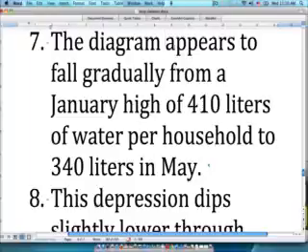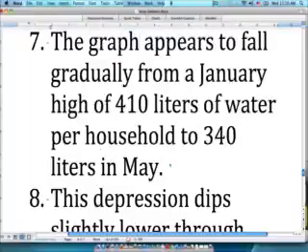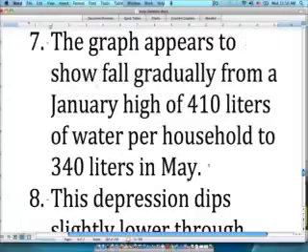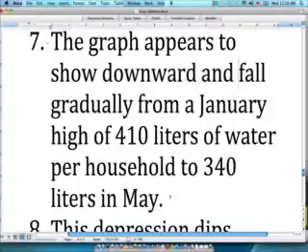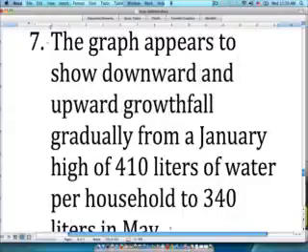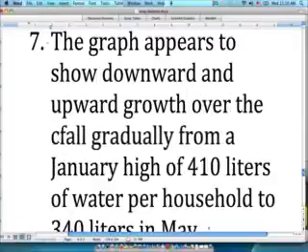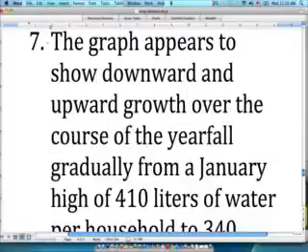So, oh, and I wrote diagram and I should have written graph. Well, that's a mistake. The graph appears to show downward and upward growth over the course of the year.